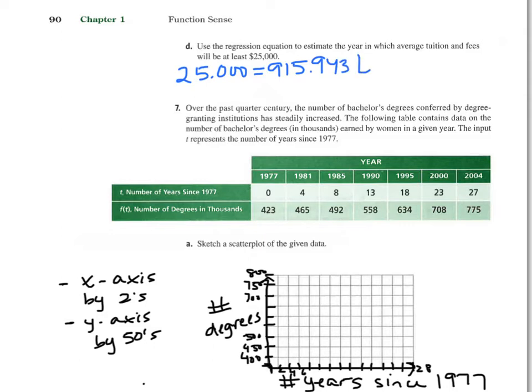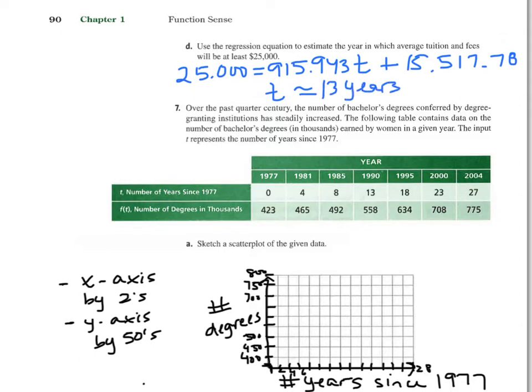I'll put the t back in, plus 15,517.78. Okay, and when you get that, t comes out to be about, if you solve that for t and subtract over the y-intercept and divide out the slope, it comes out to be just about 13 years.